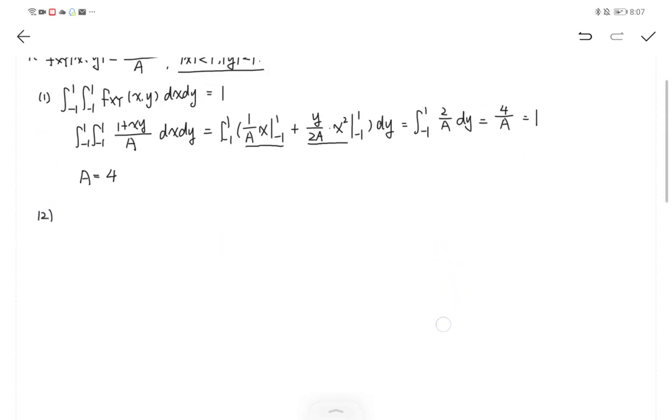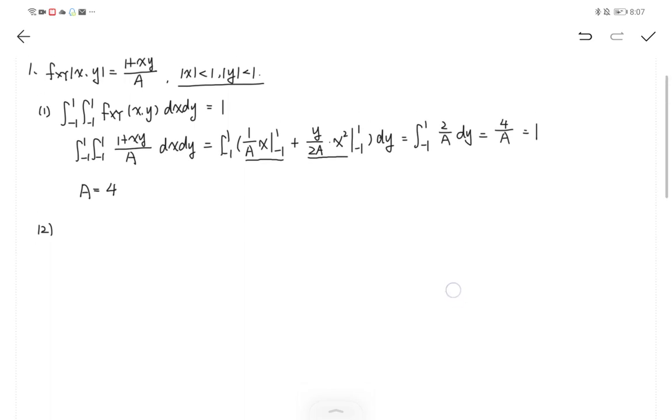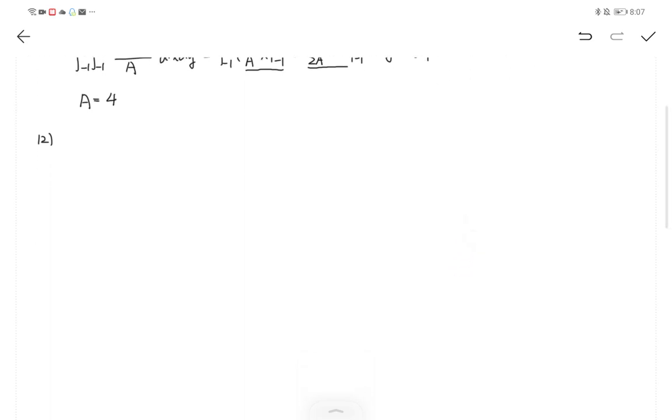Second, are X and Y uncorrelated? Show my answer. Then we can find the expectation of XY.